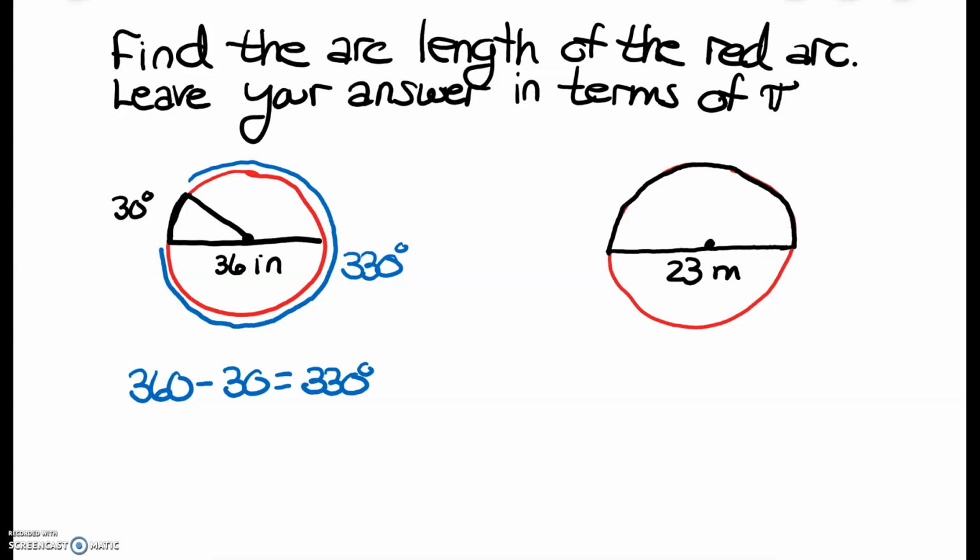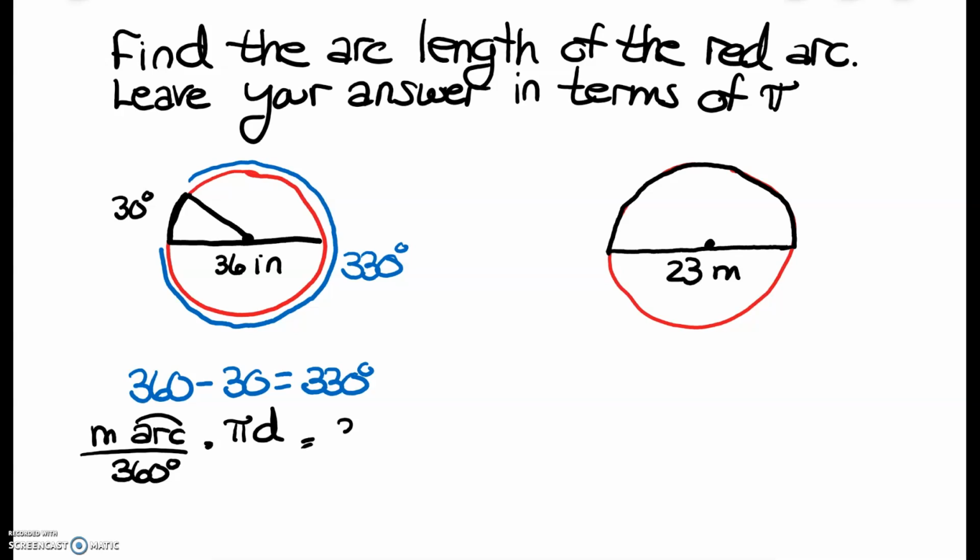So how do I find the arc length? Well, they gave me the diameter in this case. So I'm going to choose the formula, which was my measure of my arc over 360 degrees times pi d.